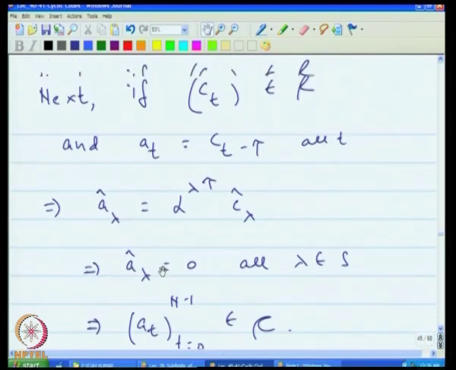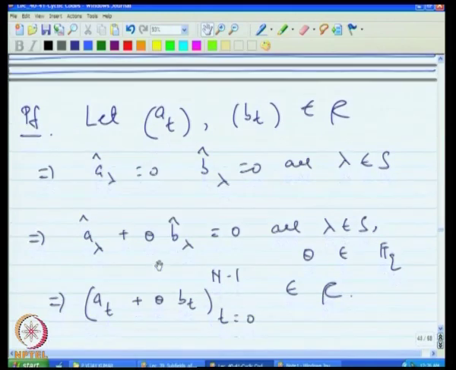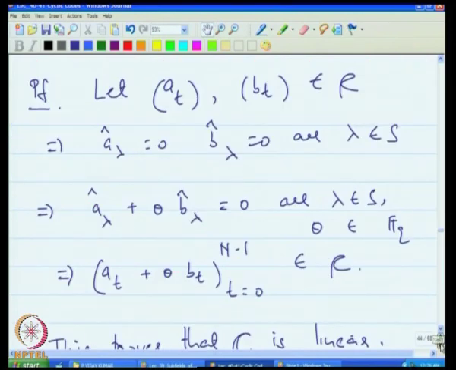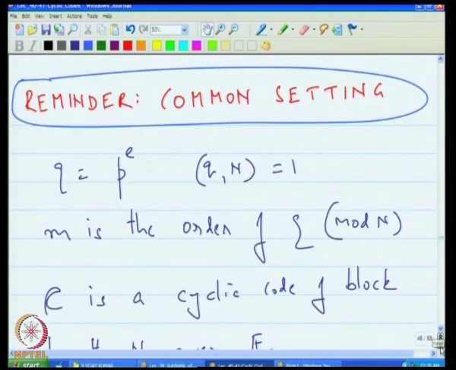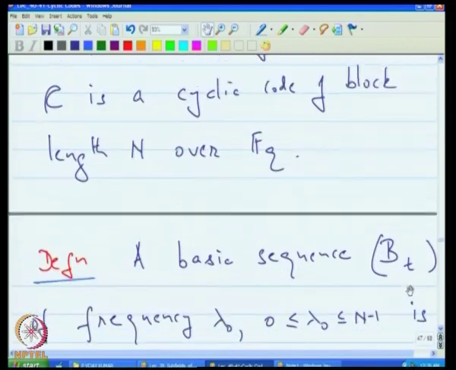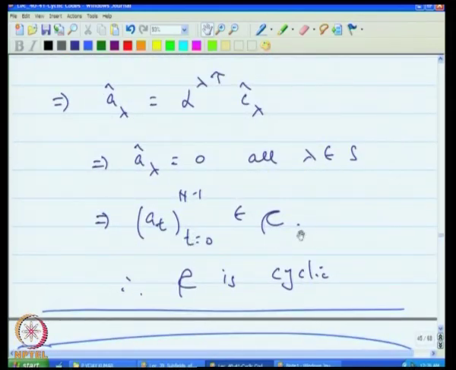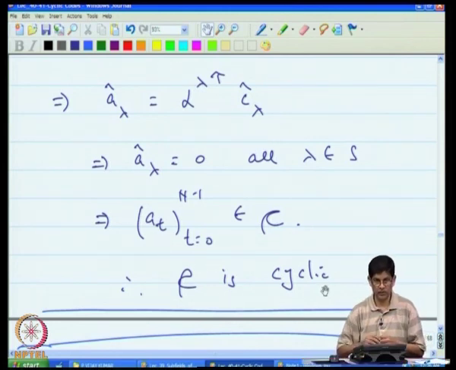But then you defined your code word as the set of all vectors whose transform is 0 on S, right. And so that automatically means that A of t is also a code word, and therefore the code is cyclic.